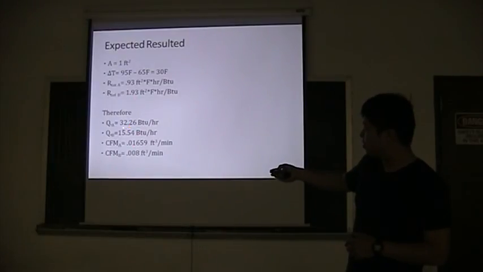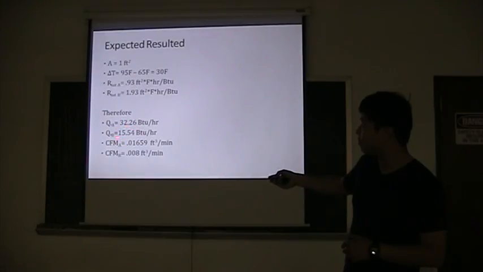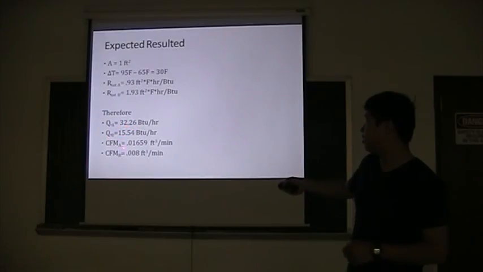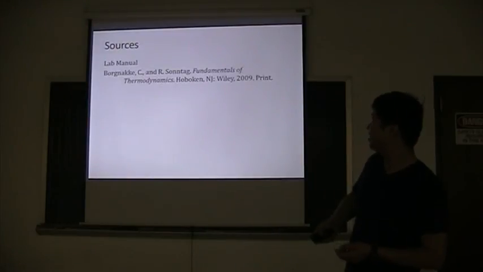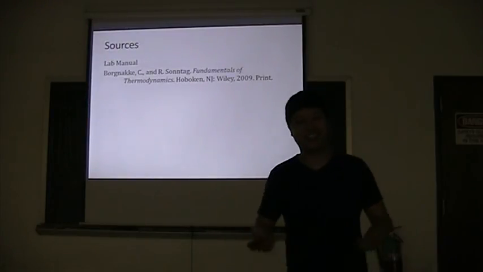So therefore the heat flow for A is higher than B because it's less resistant. And you can see that's what was calculated from the other formula, because of the difference in heat flow, we have a difference in the cubic feet per minute. And those are my sources. Any questions?